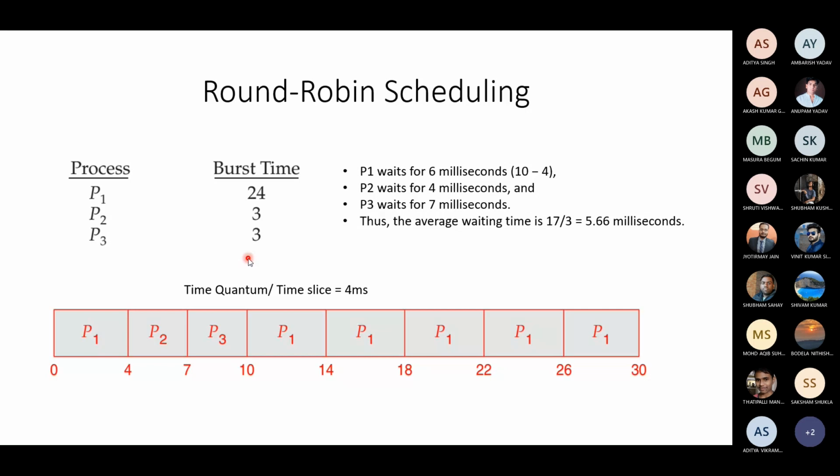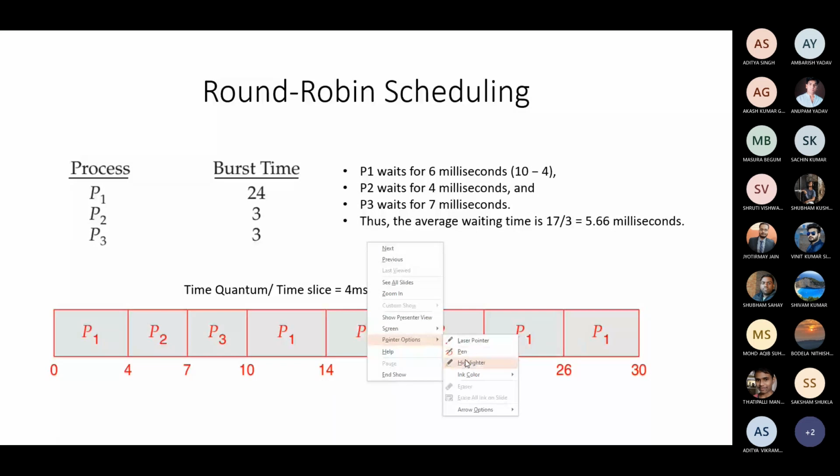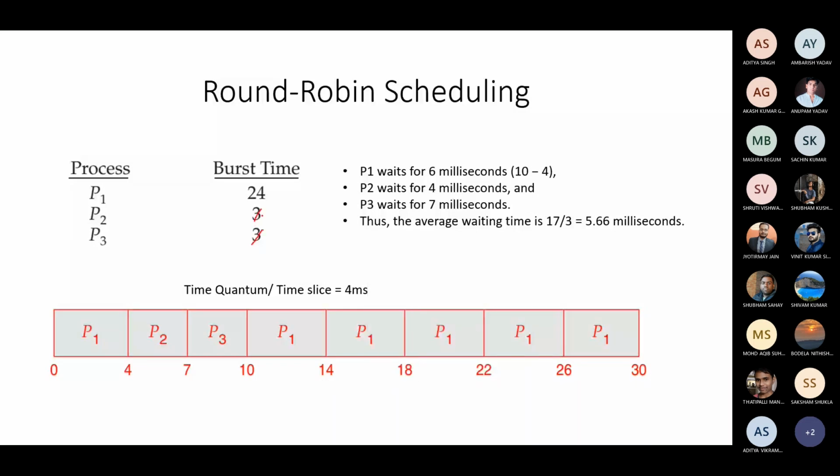So the simple point is, for a given time quantum, the processor will execute a particular process irrespective of burst time. The burst time might be any value. Still, without the knowledge of burst time, you will be able to decrease the waiting time. Imagine, for example, I will tell you one example. Imagine this is 5 seconds.